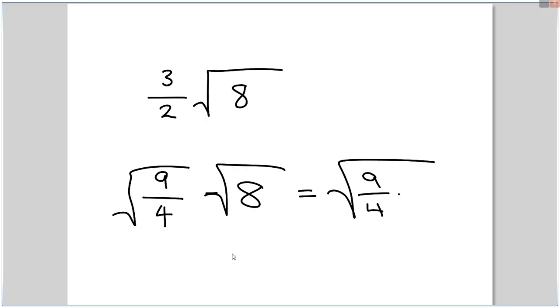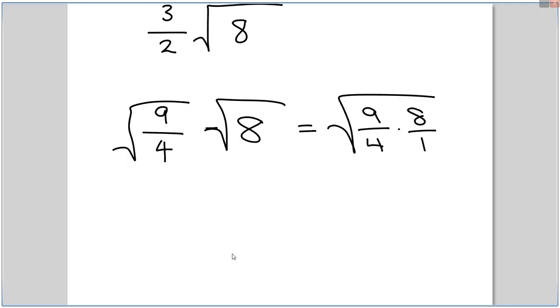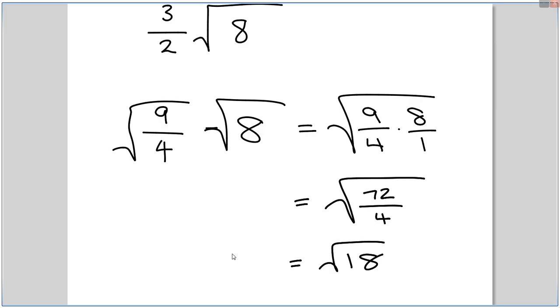Smush them. First of all, 8 is like 8/1. Do you remember multiplying fractions? Top bunk, bottom bunk. 9 times 8 on top of 4 times 1. 72 divided by 4 on a calculator would be 18. All right.